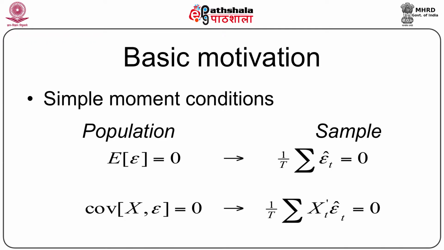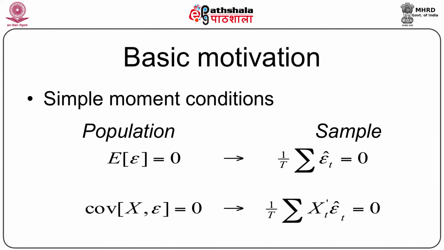Now, let me start with the basic motivation. It uses the idea of population moments. For example, the population mean of the disturbance term, that is the expectation of the epsilon term, is 0.